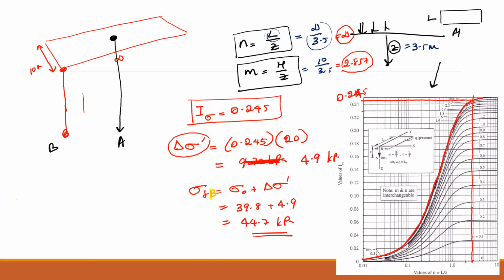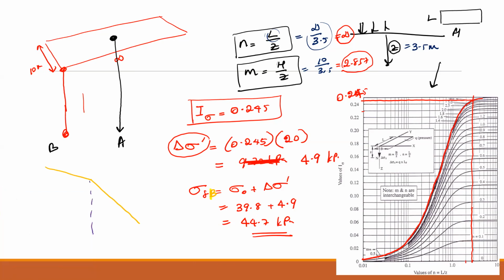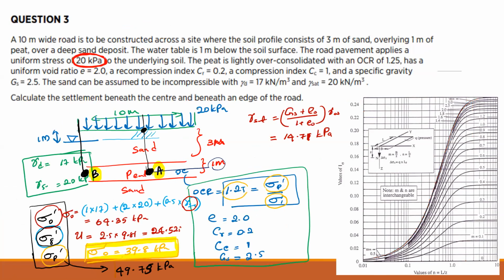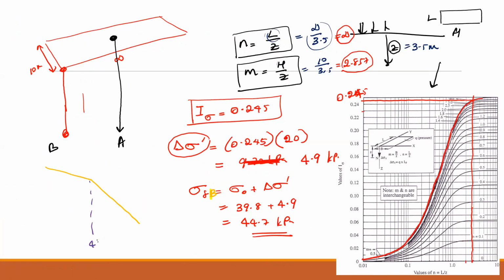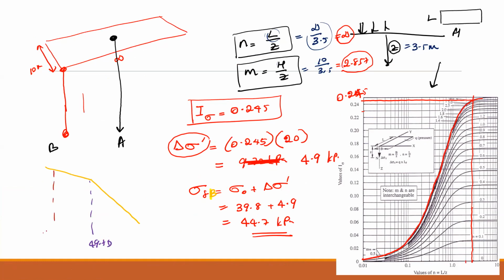This is right. So you can now find the settlement at B. How do you find the settlement at B? You first need to draw and find out where these points are. The value we found was 49.75, and our initial value is 39.8 somewhere here, and our final value is 44.7.